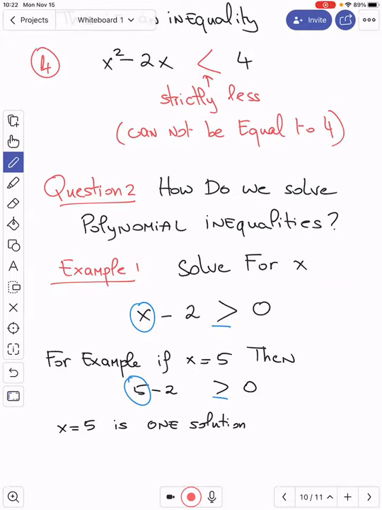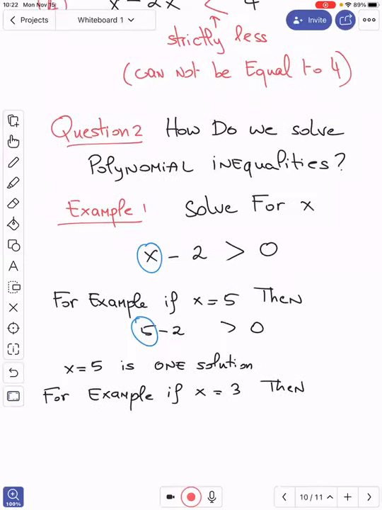But of course, I need to find all the values of x which satisfy this inequality, right? Not just one solution, but I need to find the set of solutions. If you take another value of x, let's say 3, then if you replace x by 3, of course, 3 minus 2 is larger than 0.